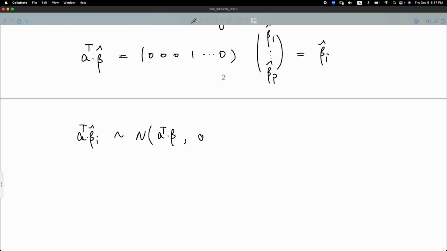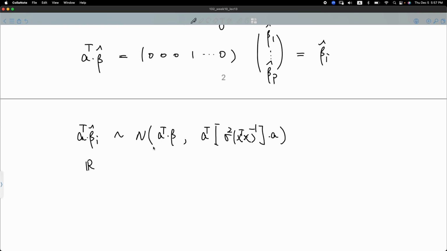And then for the covariance, you will have sigma square, or maybe I group these two together, A transpose and then the original covariance matrix multiplied by A. And then this thing is just a scalar.